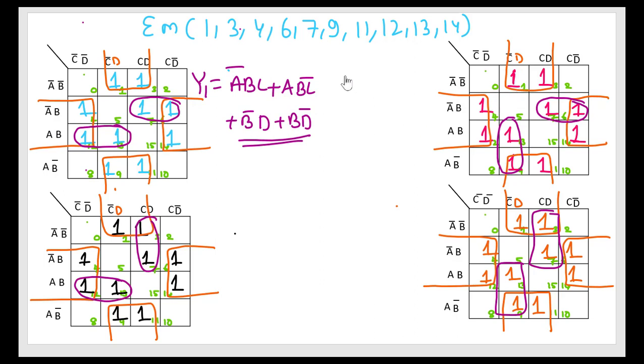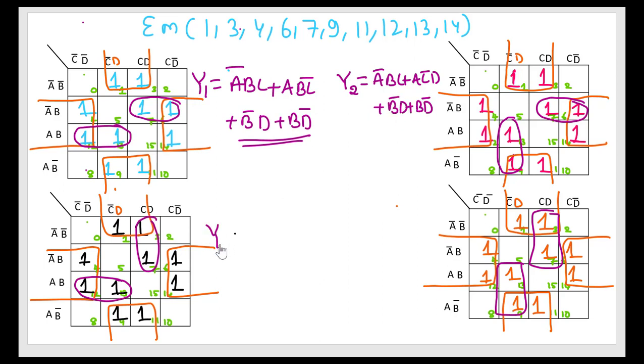If you write it for y2, A bar BC plus A C bar D plus B bar D plus BD bar.